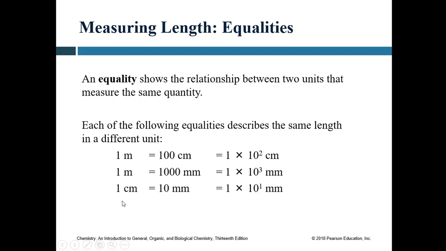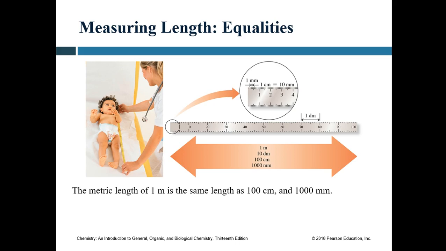And if you wanted to say that a centimeter is 10 millimeters, that's fine. So the metric length of 1 meter is the same size as 100 centimeters and 1,000 millimeters. Again, centi meaning 100 and milli meaning 1,000.